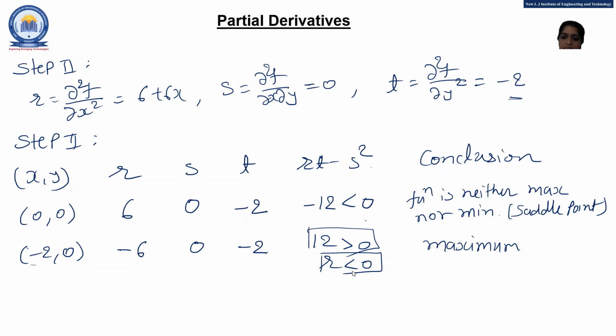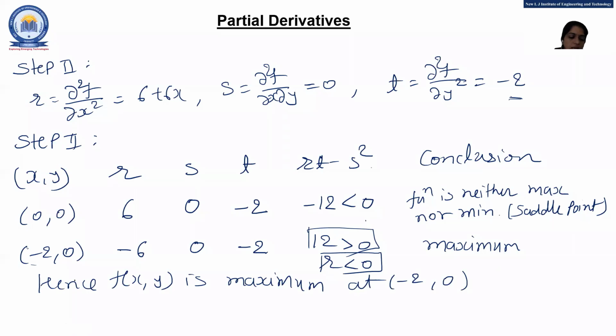If R is negative, then the function is maximum. Hence, f has a maximum at -2, 0, and that maximum value of f is equal to, what is my given function?